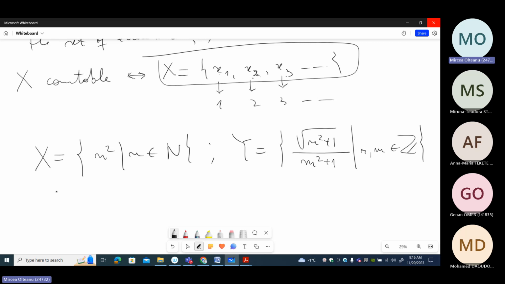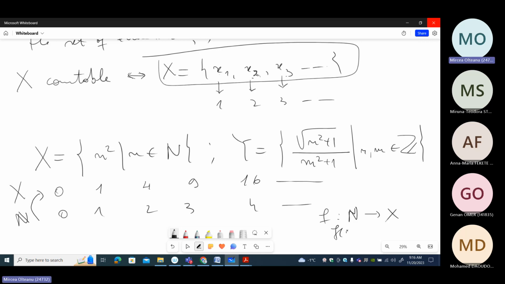Here you have the proof. Obviously, the bijective map from the set of natural numbers to this set X is f of n equals n squared, and this is the bijective map which proves that this set is countable.